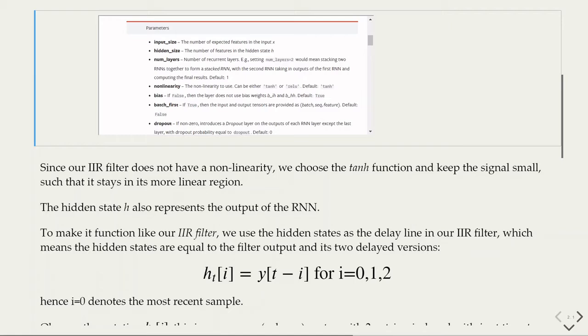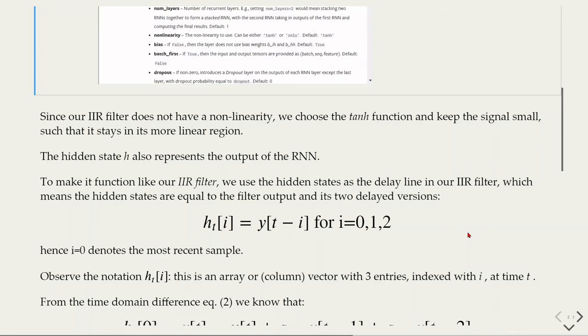But if we keep the signal small enough, it will stay in its more linear region and we will avoid some problems. The hidden state h also represents the output of the recurrent neural network.